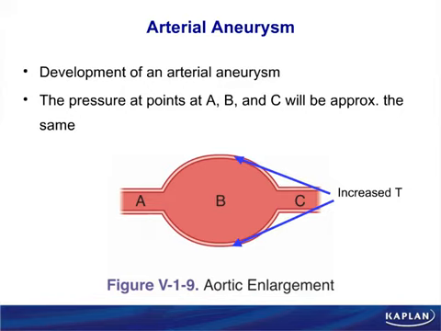So the more and more this blood vessel distends, the greater and greater the wall tension. Very similar to what we just described on the previous slide, the idea of a balloon filling up with more and more water. So aneurysms are dangerous because the bigger they get, the more likely they are to rupture. And we can have cerebral aneurysms, but also more common is an abdominal aortic aneurysm.